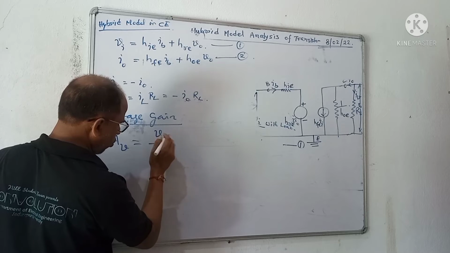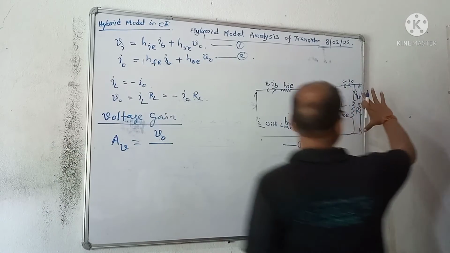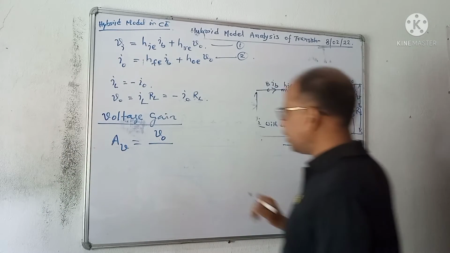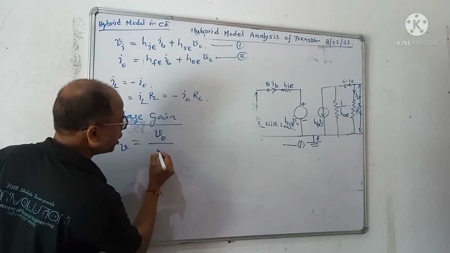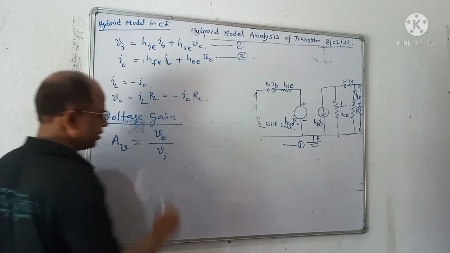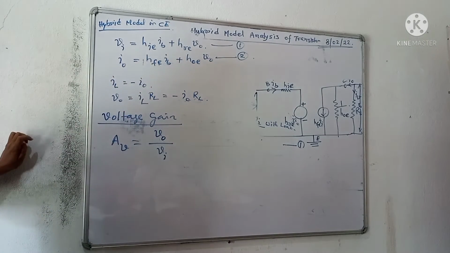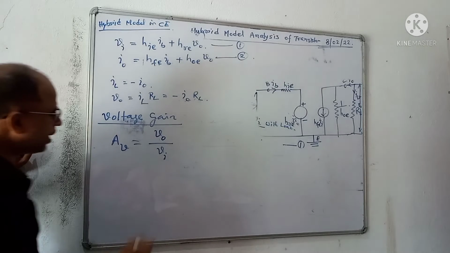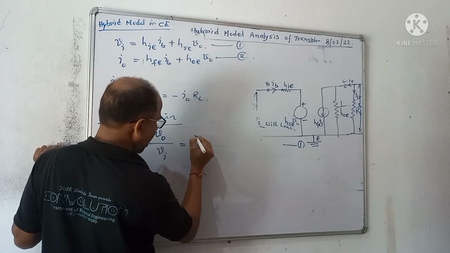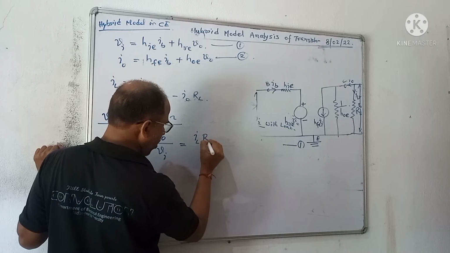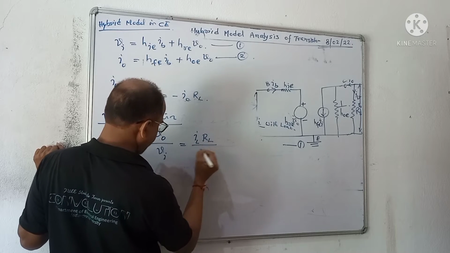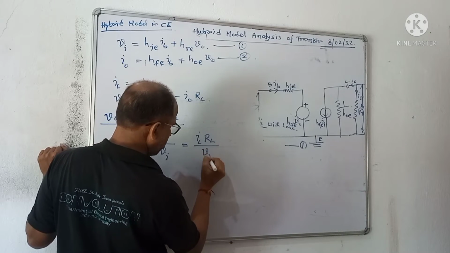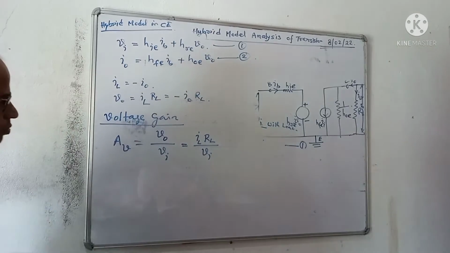VL means V0, which is taken across the load. So AV is V0 by input voltage VI. Now V0 means IL into RL, by VI.